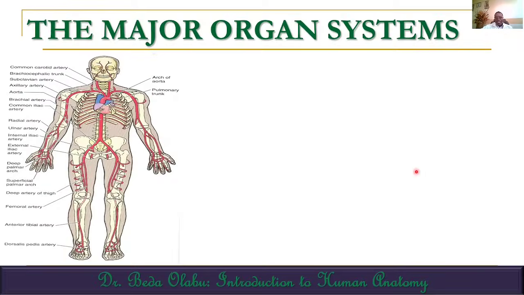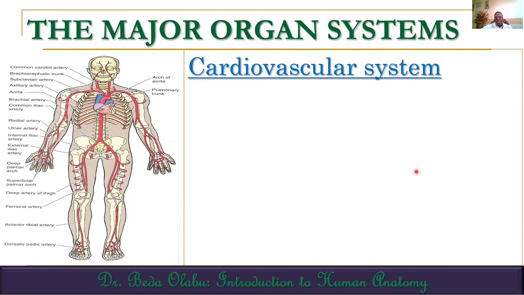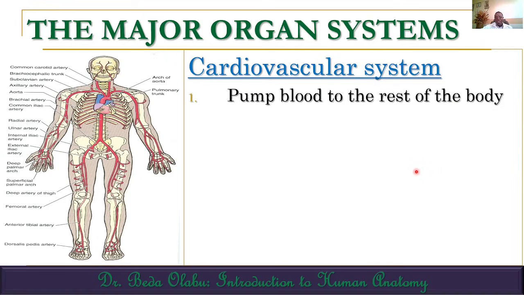The 6th system I want to talk about is the cardiovascular system. When we talk of the cardiovascular system, we are referring to this system that is made up of the heart and blood vessels. So the heart and blood vessels fall under the cardiovascular system.